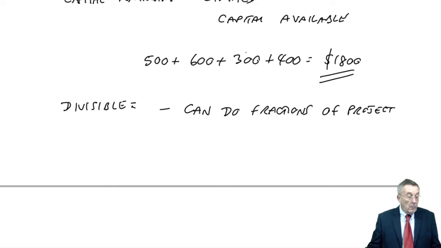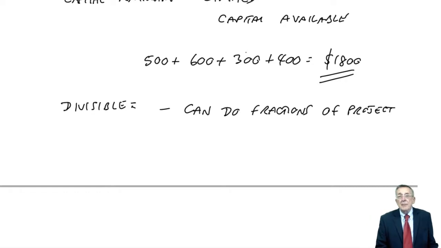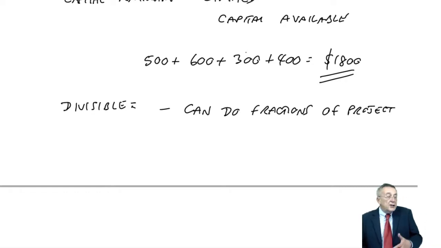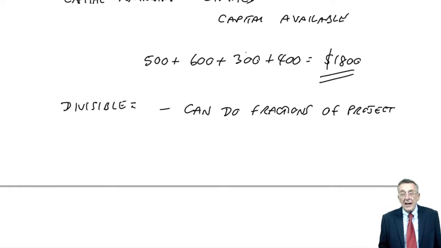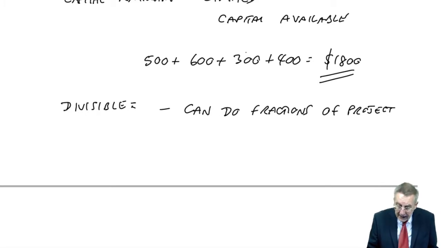So what I mean by that is project A. If we want, we can do half of project A or 20% of project A. We can do any proportion of project A. But it's a maximum of 100% of each.